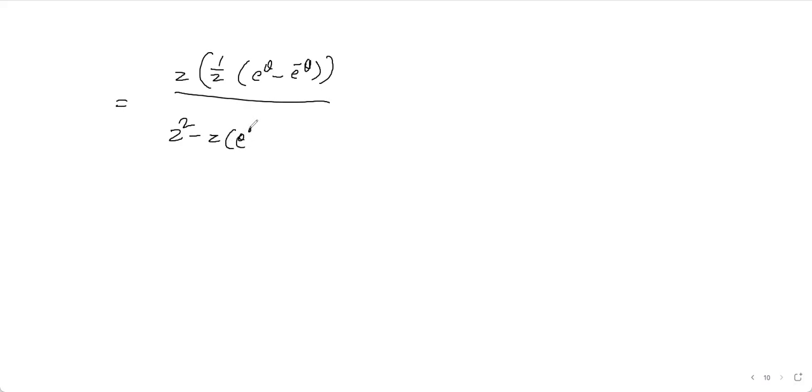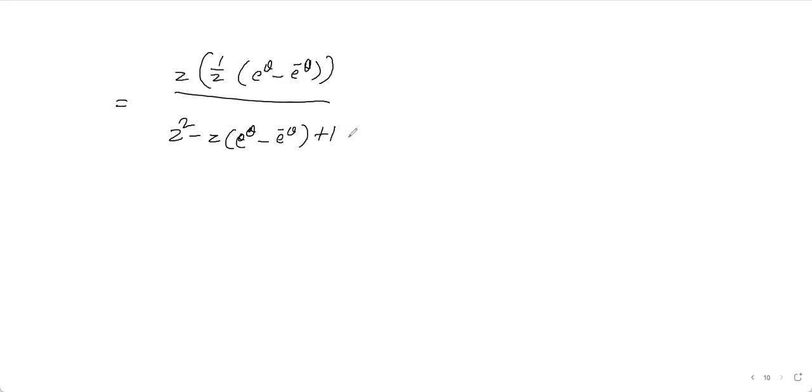So that is z of half of e to the power of theta minus e to the power of minus theta by z squared minus z e to the power of theta plus e to the power of minus theta plus 1.